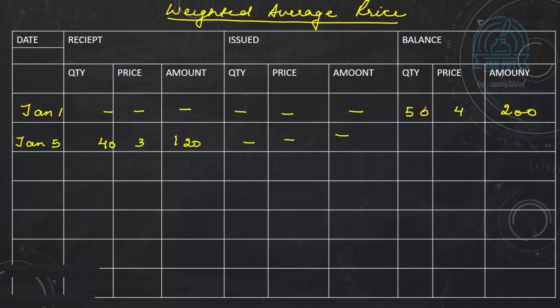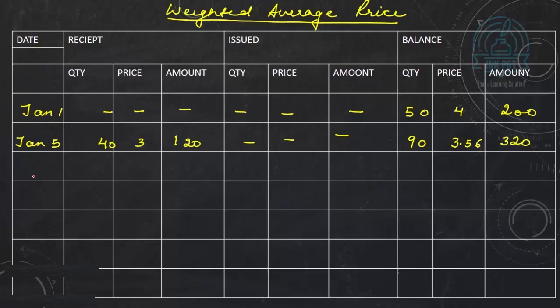That is 200 plus 120, that is 320, divided by total number of units 50 plus 40, which is 90. So I'll write here 90 units at the rate of 320 divided by 90, approximately 3.56. So we will get 320 here, right?